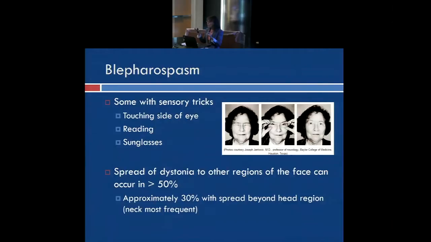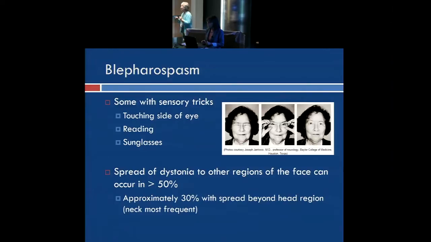And sunglasses are a great way to prevent the light-induced worsening of the blepharospasm. Now, blepharospasm can spread, and typically it spreads to other areas of the face, and that can occur in approximately half of the people. In a smaller percent, these dystonic symptoms may spread beyond just the face, so they may involve the neck as well and other areas of the body.